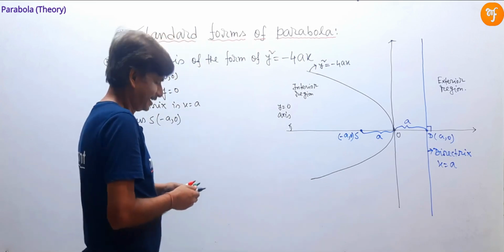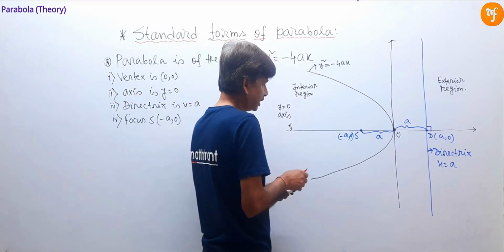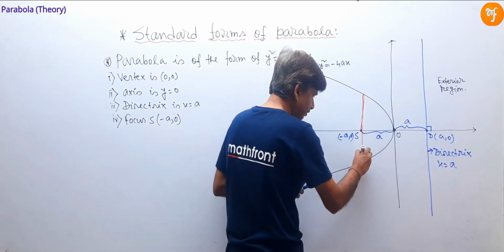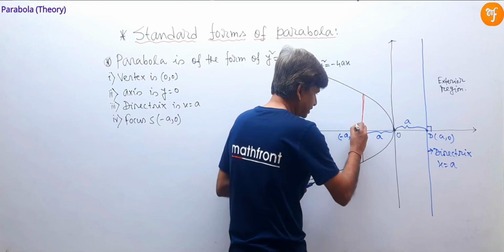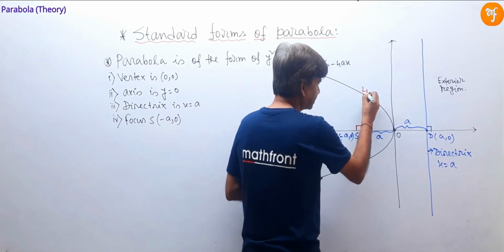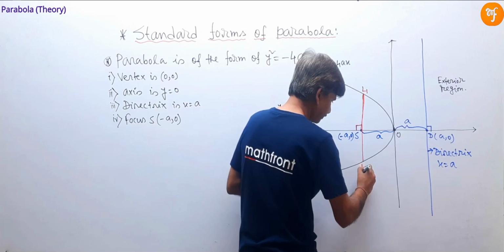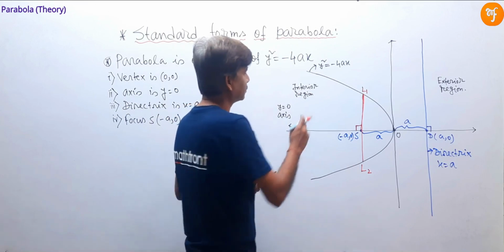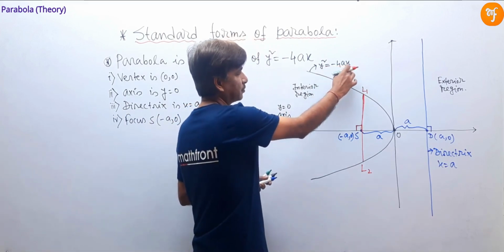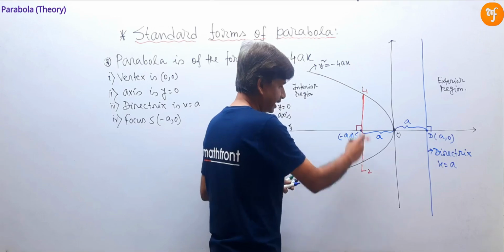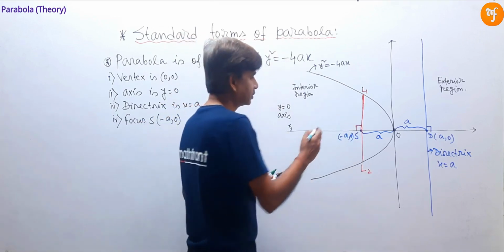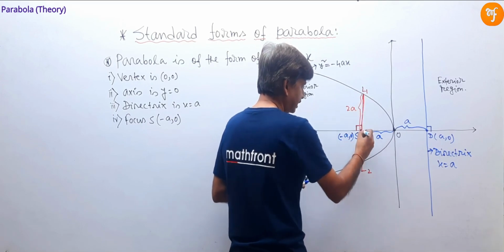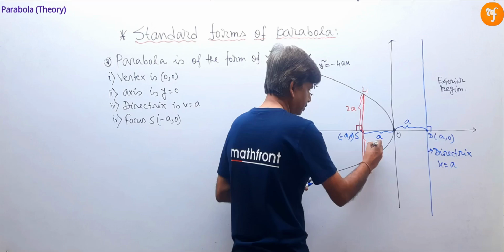Okay, clear? Definitely this should be our latus rectum, which is the least focal chord and perpendicular to the axis. So this is the latus rectum L1, L2, and the latus rectum has length equal to 4a. So in the equation y square is equal to minus 4ax, the latus rectum has length 4a. So you can say this is 2a and this length is also equal to 2a.